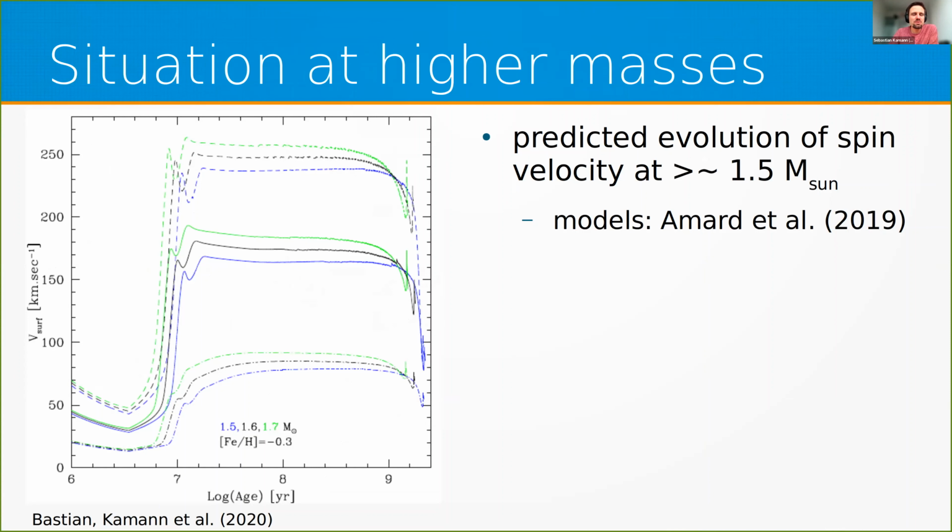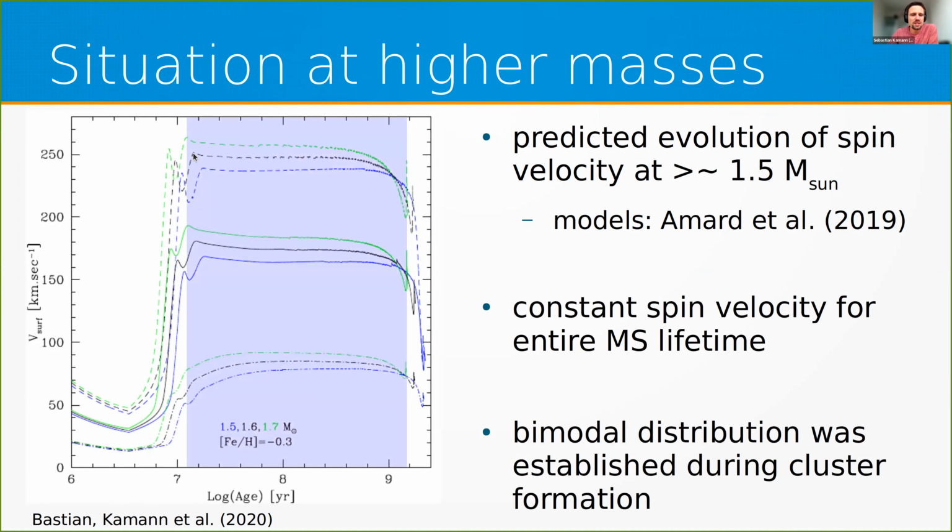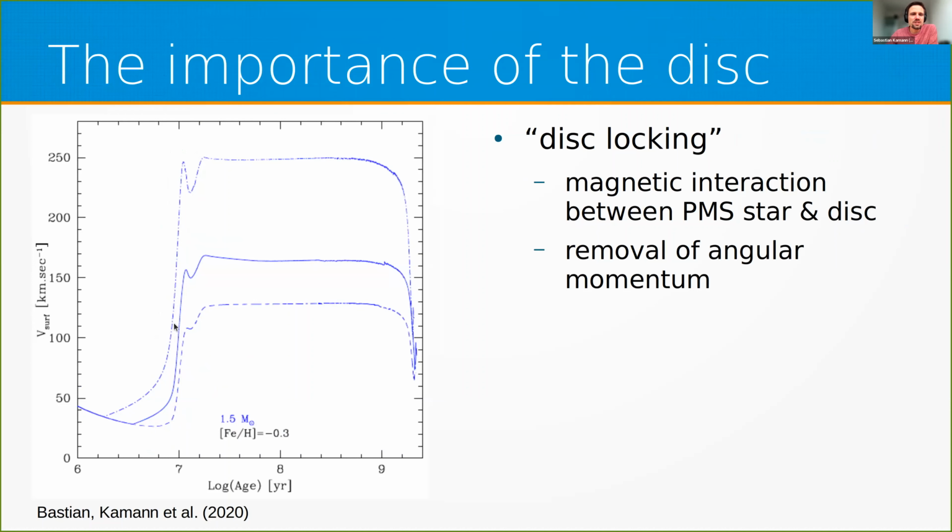What we found when we calculated these models is that, depending on when you lose your disk, a lot of stars were approaching relatively high V sin i values, very close to the critical ones, early on. So quite a few models ended up very close to the critical V sin i. Based on this, one could argue that if we lose the disks early on, then we get quite close to some critical value where other effects kick in.